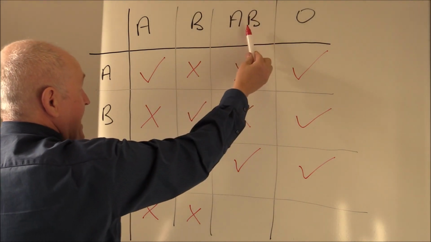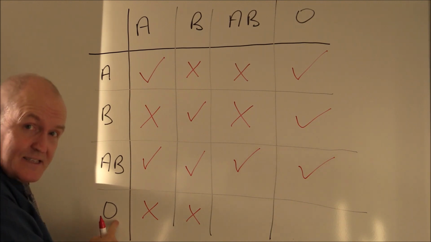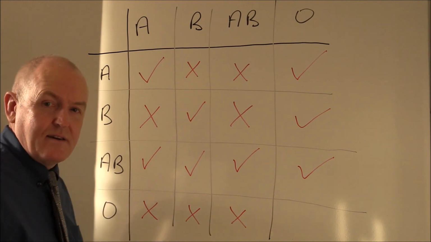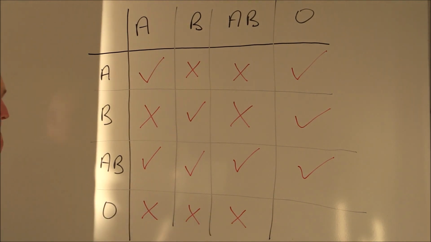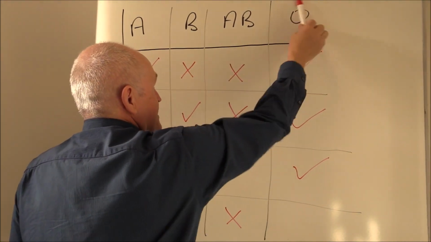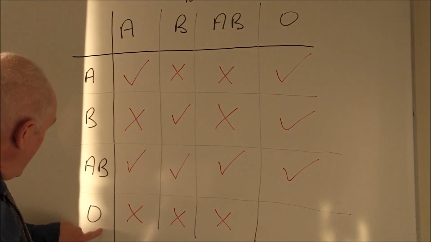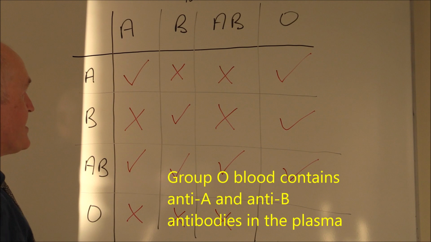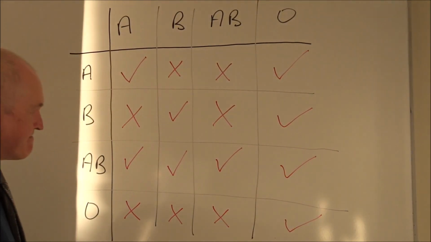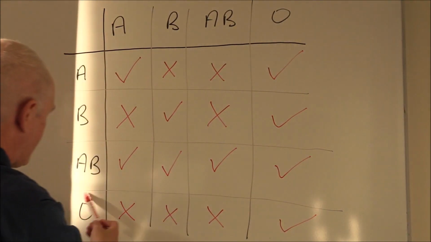AB will have A and B antigens to be agglutinated by the A and B antibodies in the group O blood, so that is definitely not acceptable. But O, containing no antigens, even although there are A and B antibodies in the O recipient's plasma, that's still okay because there are no antigens on the group O blood to interact with the antibodies.